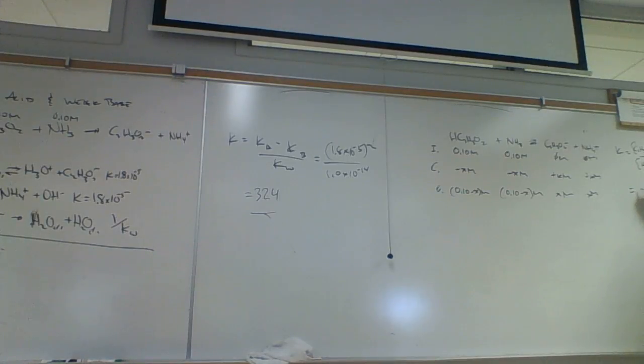And this should equal 32.4. The acetate and ammonium is going to give me X squared, and in the denominator I'm going to have (0.10 minus X) squared. The math is easy here. I don't need to use the quadratic.